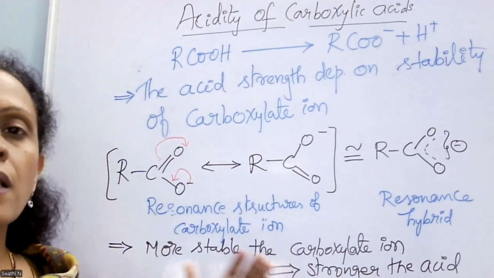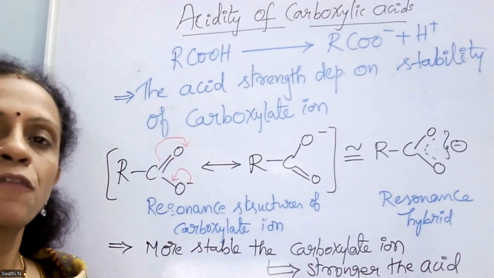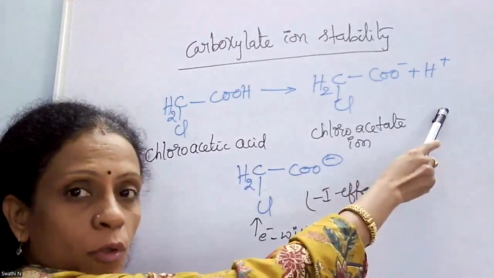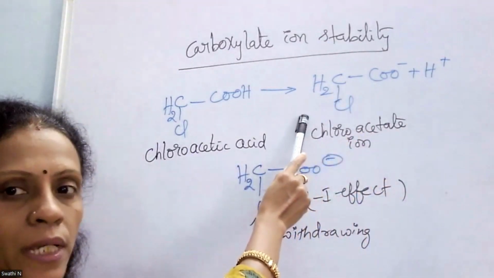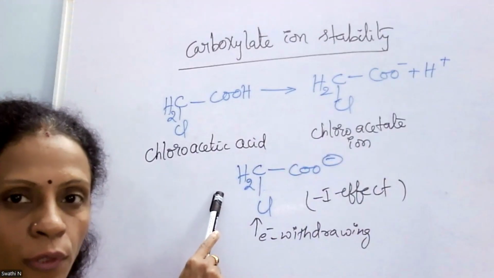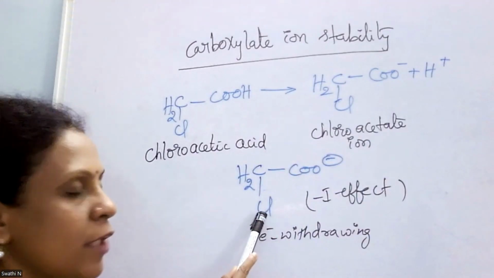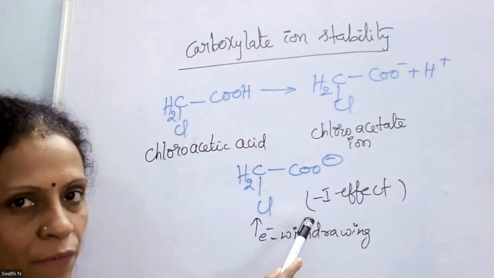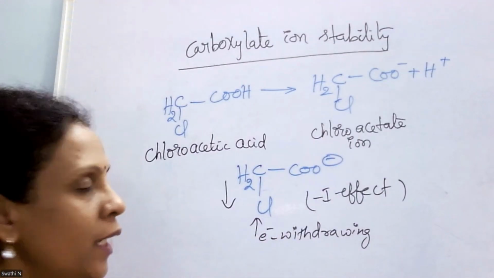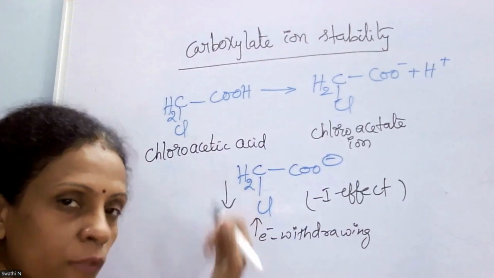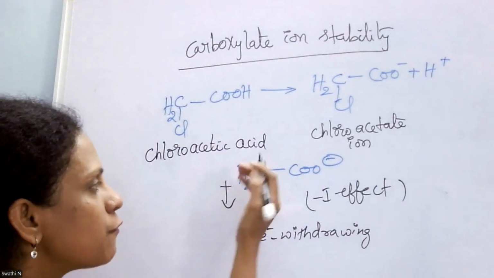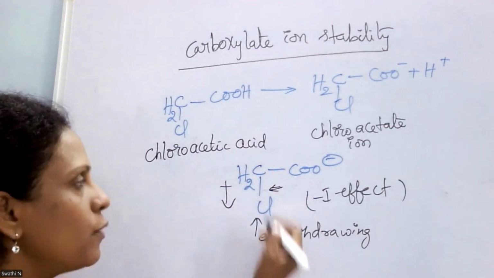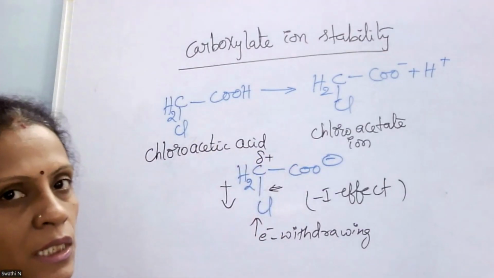Now let's consider the stability of carboxylate ions in the case of chloroacetic acid and acetic acid. Chloroacetic acid, upon releasing a proton, generates the corresponding chloroacetate ion. This ion has chlorine. Chlorine is an electron withdrawing group and shows the minus I effect. It tries to take the electron cloud from the alpha carbon, so the bonded electrons move more towards the chlorine, generating a partial positive charge on the alpha carbon.